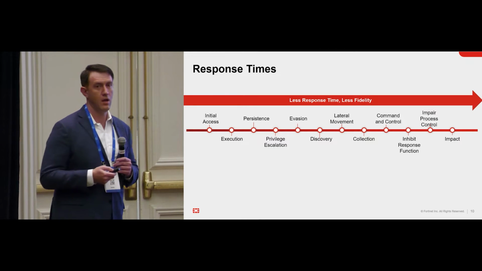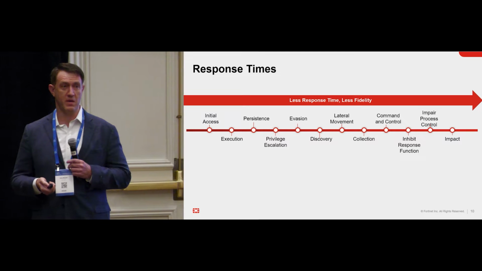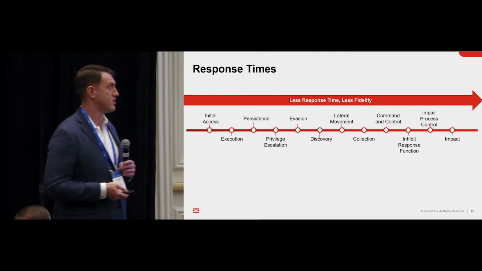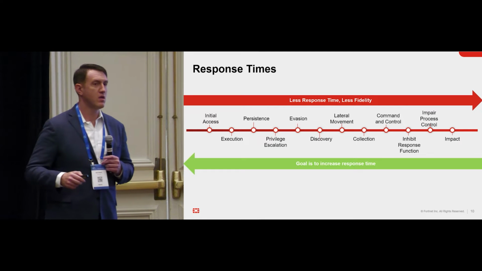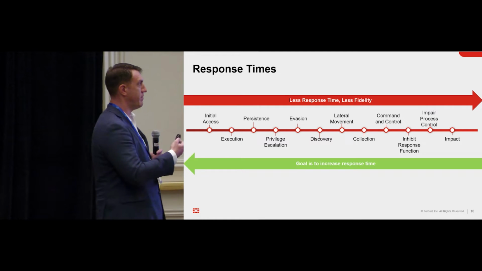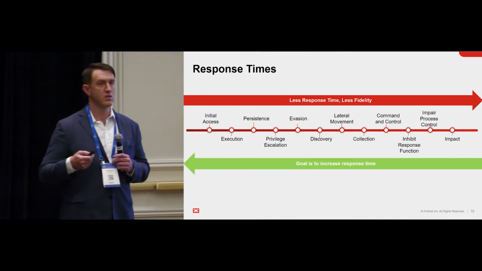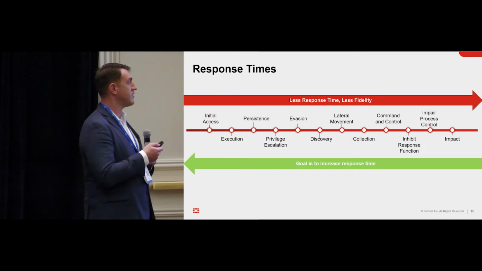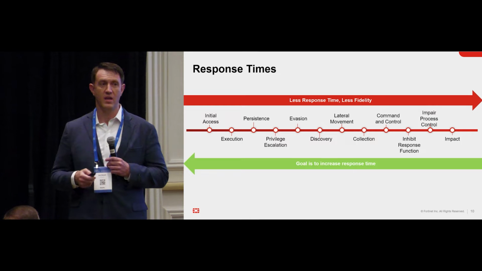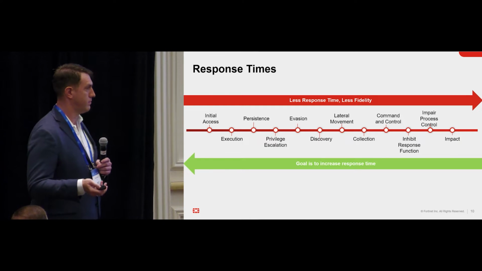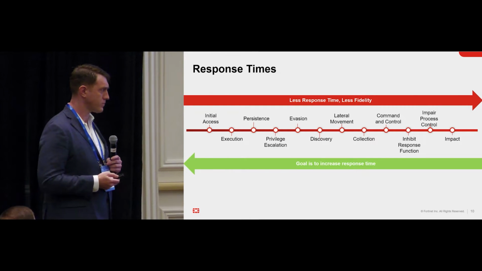You might have similar violent responses in your safety systems. So the idea is that we want to move ourselves back to the left, catch things earlier, catch things that give us more ability to respond in a control-managed manner.